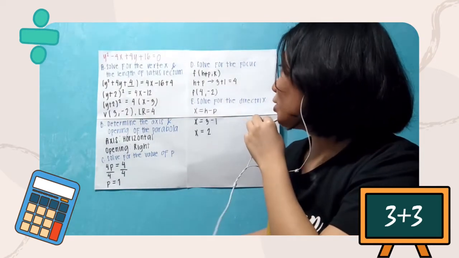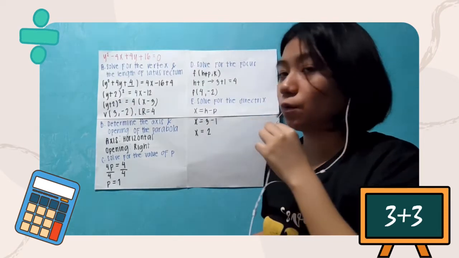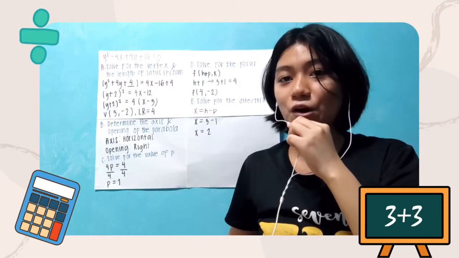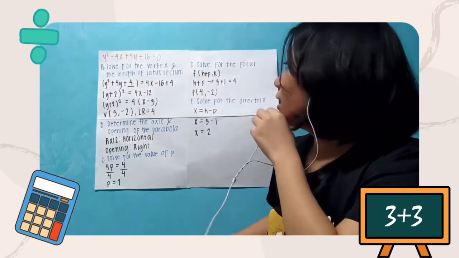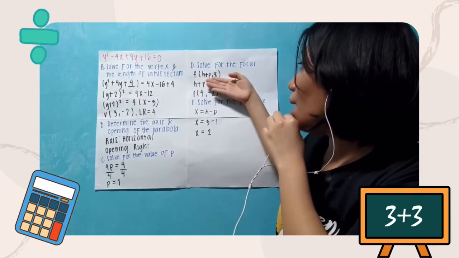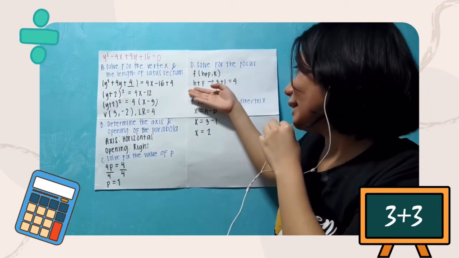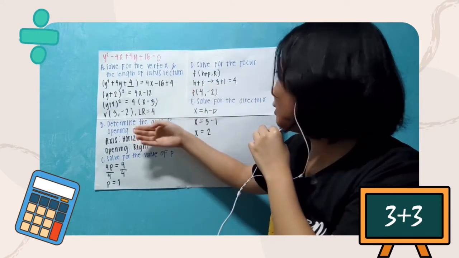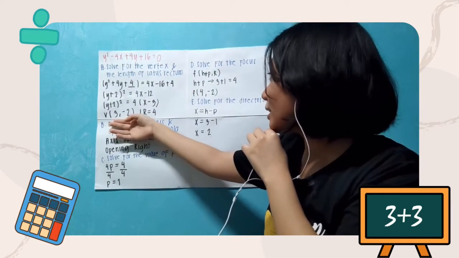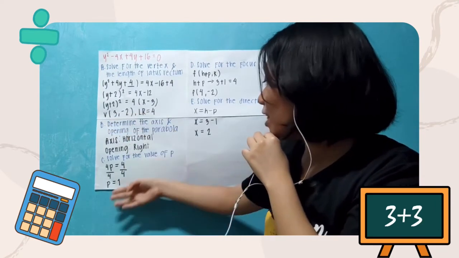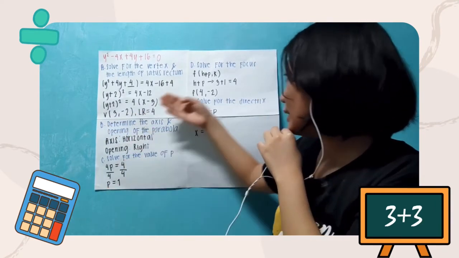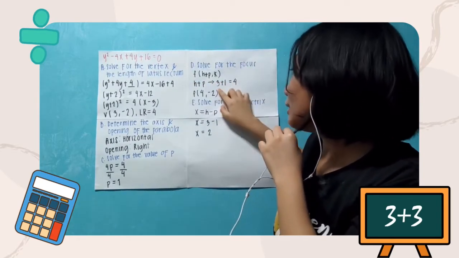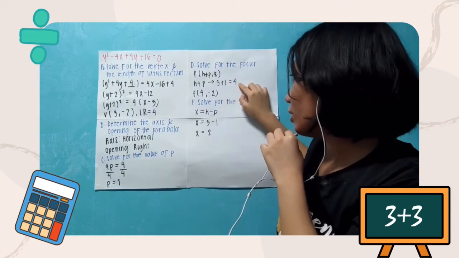Then we need to solve for the focus. So we need to consider the focus of the horizontal parabola, which is (h plus p, k). Using h plus p, we substitute the value of h, which is 3, and the value of p, which is 1. So it will become 3 plus 1 equals 4.